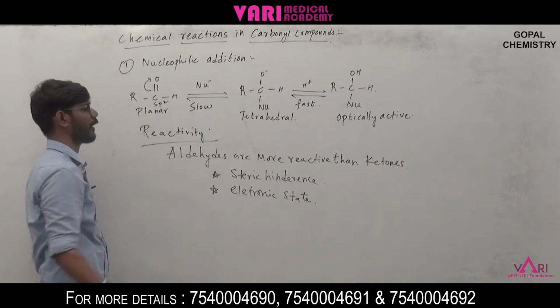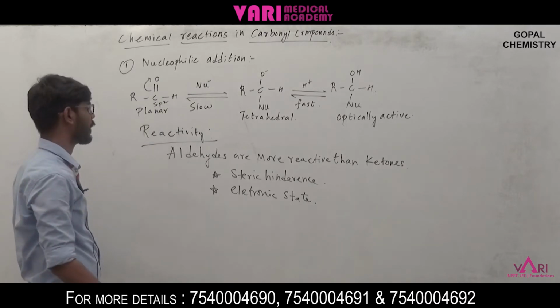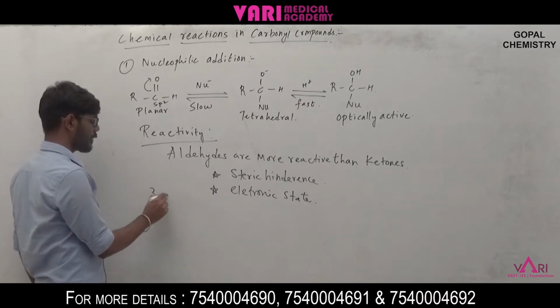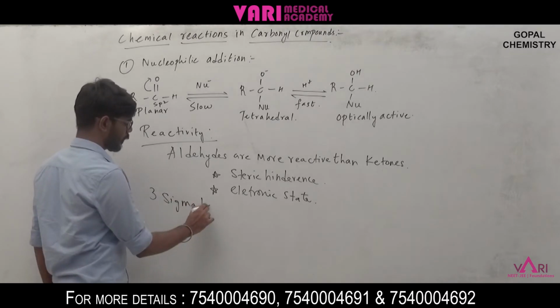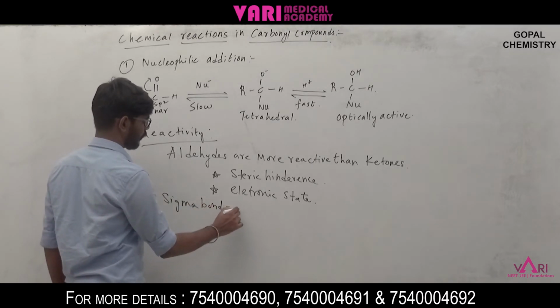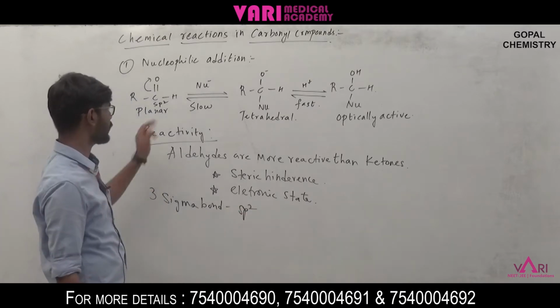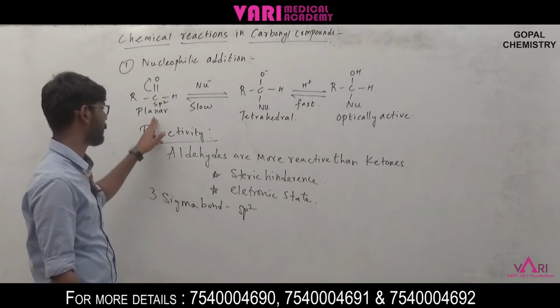How can we say this carbon is sp2 hybridized? Because there are three sigma bonds, which results in that carbon forming sp2 hybridization. So this is sp2 hybridization, so that compound must be planar, right?